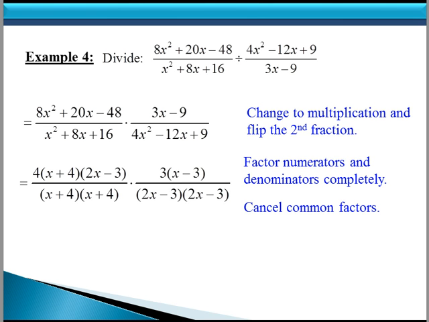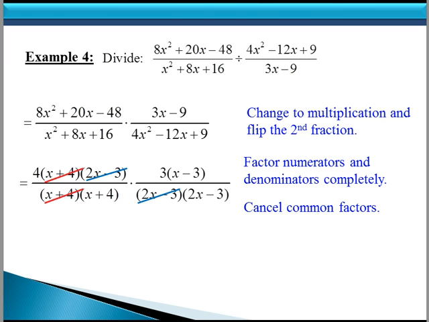Now we're ready to cancel common factors. Notice we have a 2x minus 3 in the numerator and the denominator that can cancel. We also have x plus 4s in common. But on the top we have a 4 and a 3 and an x minus 3. Those three factors have no matching factors in the denominator.